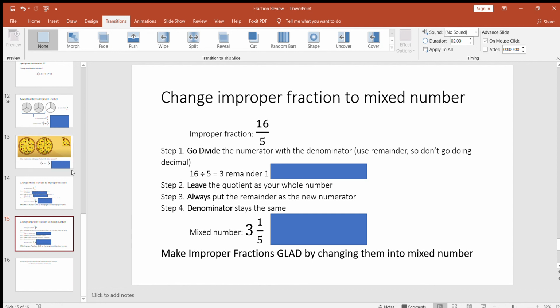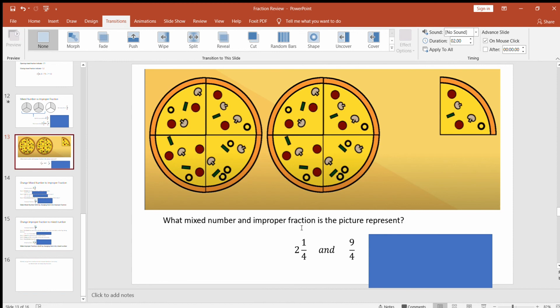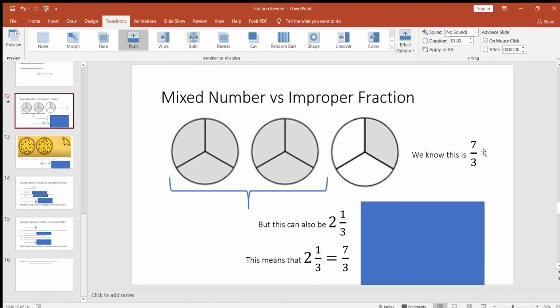We don't do anything. Same thing with 2 and 1/4 and 9 over 4. They're all 4. And going a bit farther back, we have 7 over 3, and we have 2 and 1 over 3. They all share the same denominator, which is 3. So that's basically it. Our denominator stays the same.